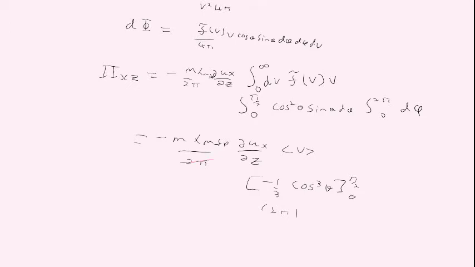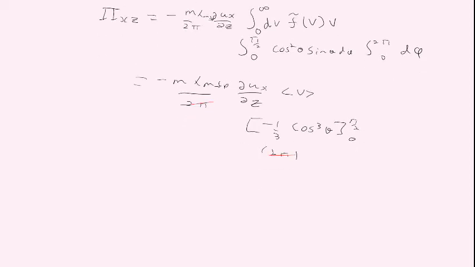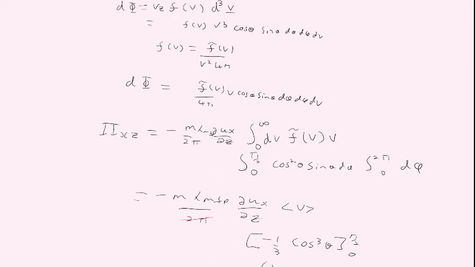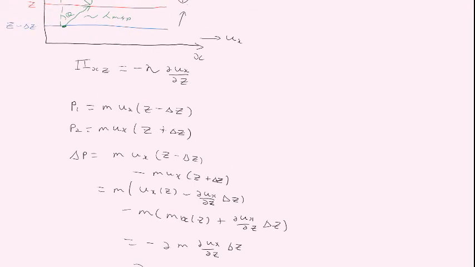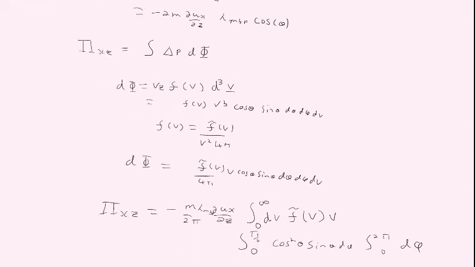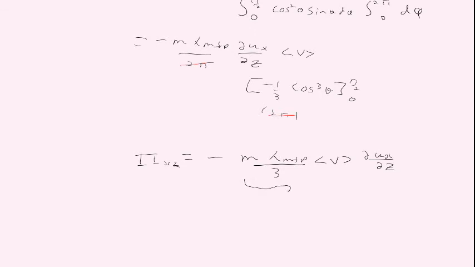So the 2 pi is going to cancel, and then we get 1 over 3. So the momentum flux is equal to minus m times mean free path over 3 times the average speed times dux/dz. And comparing that with this expression up here, we can see that we have this as our viscosity. So that is our viscosity.